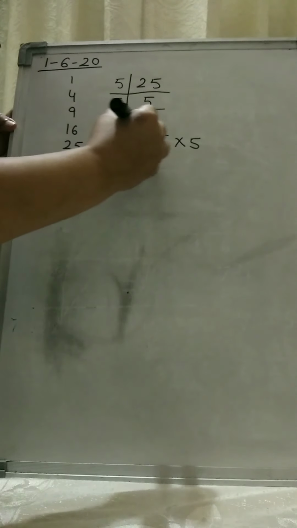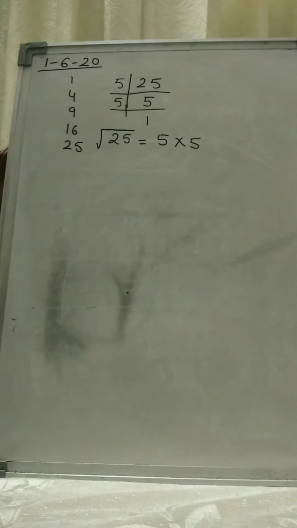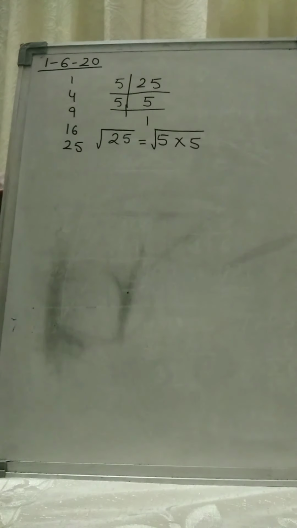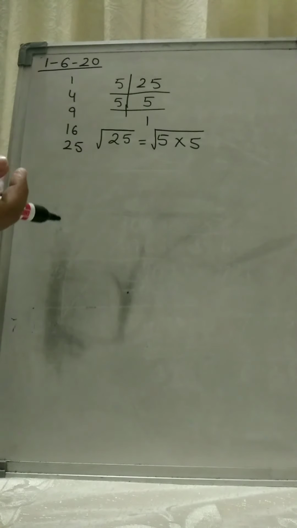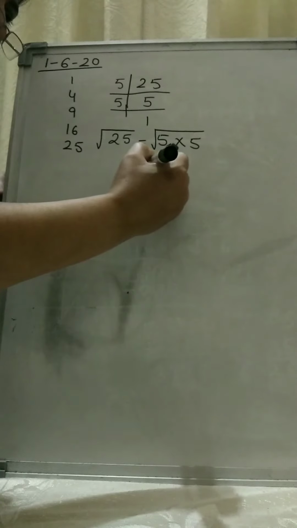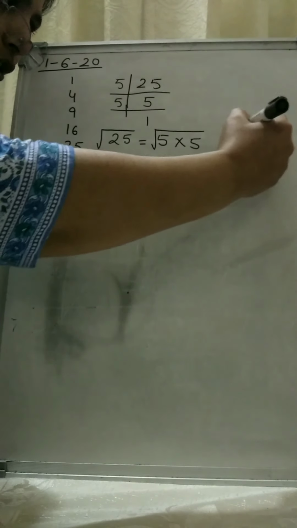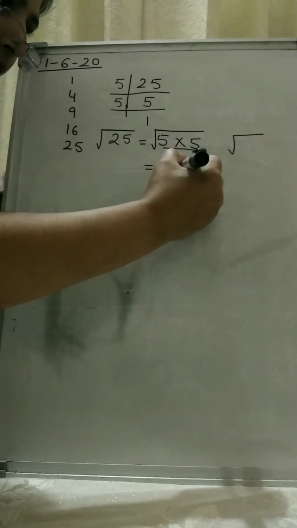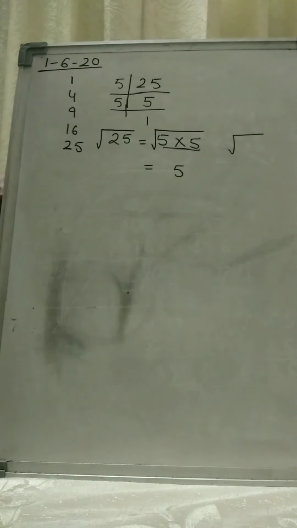And when I have to write its root, this sign is also going to be here, then only they are going to be equal. Now in order to remove this sign of square root from this pair, I'll take out 1, 5. Then the sign is removed.